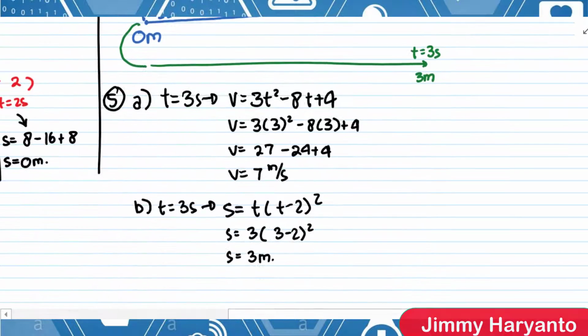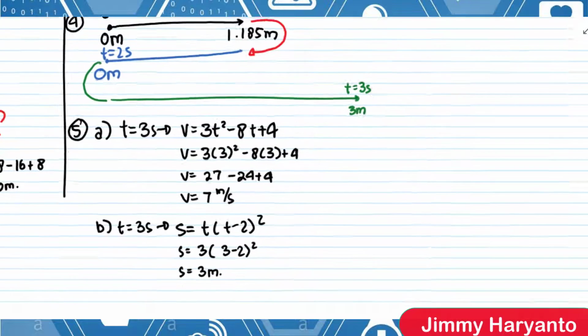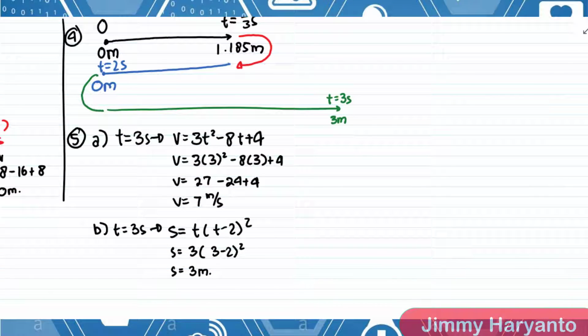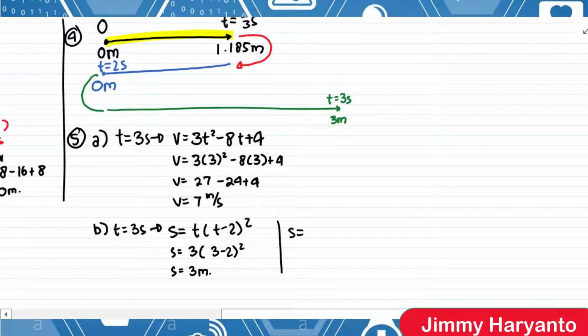Okay, now we can find the distance easily. To find the distance easily, you only have to take a look at the path covered. So the first one will be 1.185. So the distance will be 1.185, and then plus the second one.